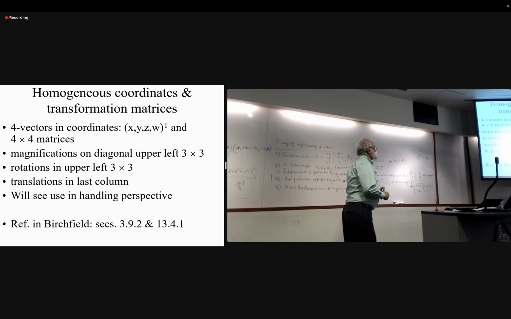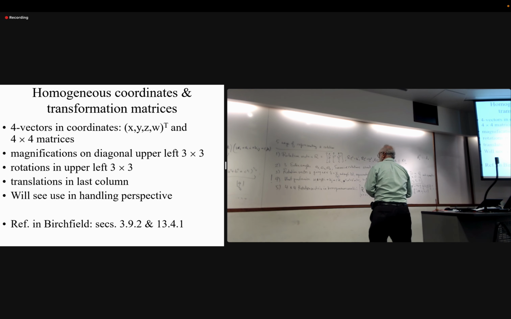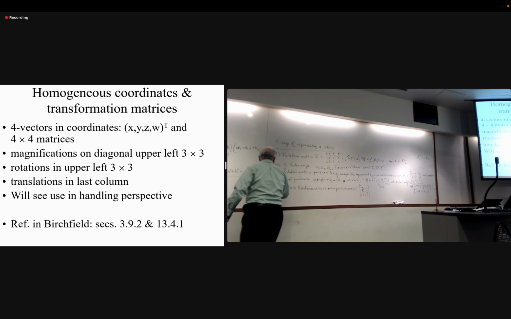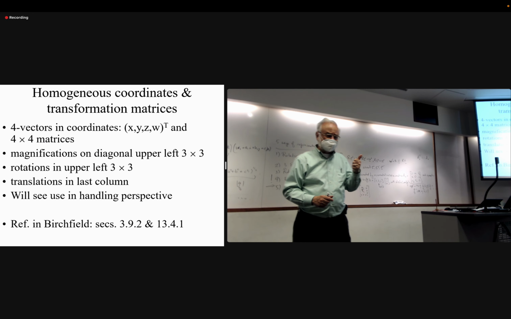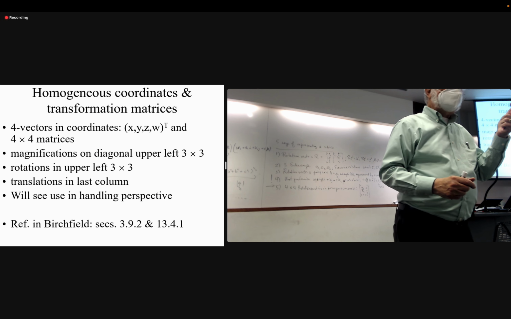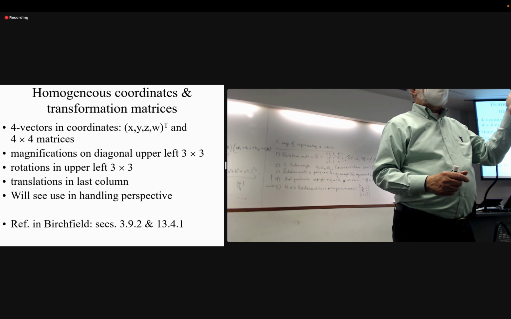But now we're going to talk about this guy, which is used a heck of a lot in graphics and a heck of a lot in computer vision. And the reason for its popularity is partially because it allows you to do any of the other operations of rotation, translation, and uniform scaling.